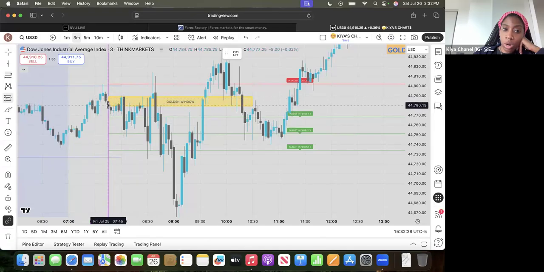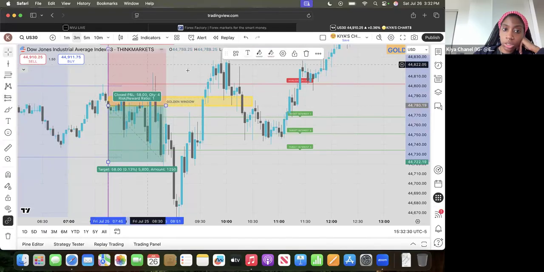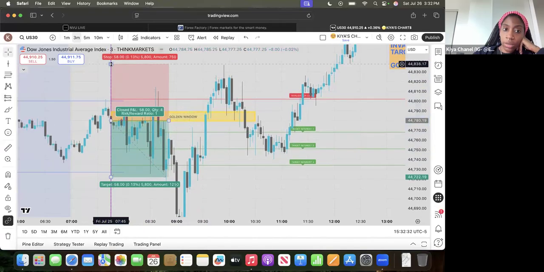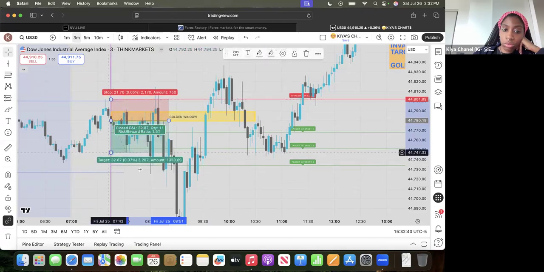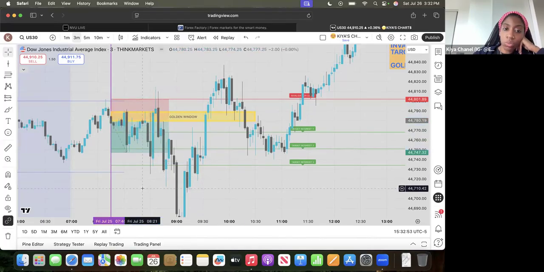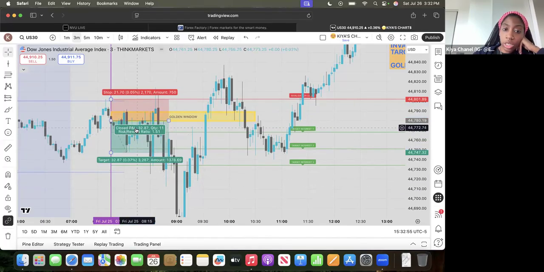If you would have gotten into the market right here, you got your invalidation zone at this red line, and then let's say you got until right here. It's almost a 1-to-1 risk to reward, which is pretty good.